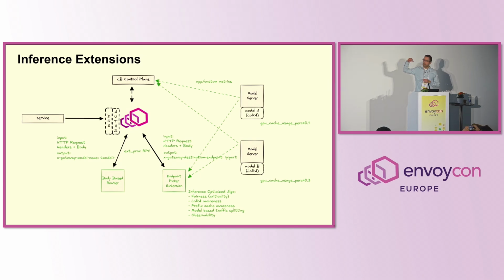Right, and then we have the application or the model server load signals that are being propagated to both the extension and also the load balancing control plane. And this is essentially how we've put together a full solution, including existing capabilities that the end users were depending on, such as any sort of DOS protection and Auth-Z support that's provided either as another extension or natively in Envoy.